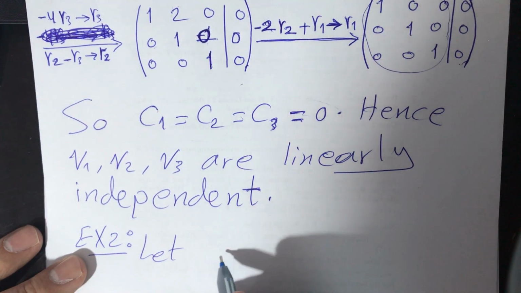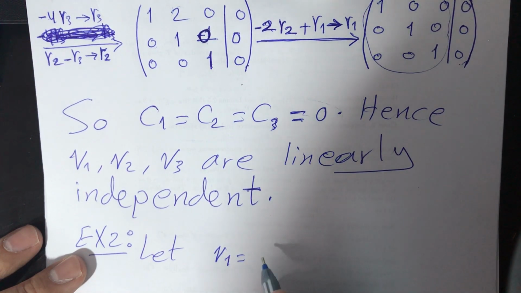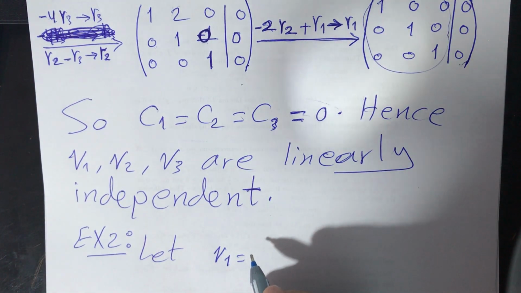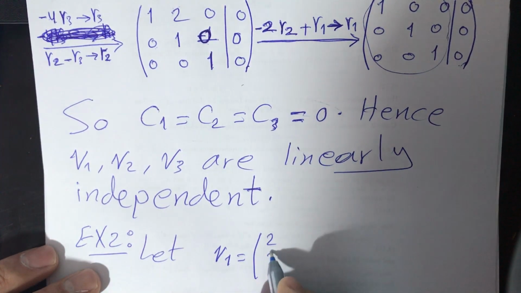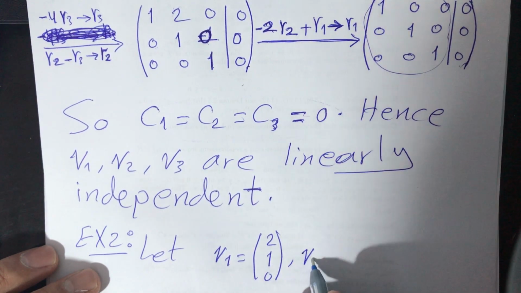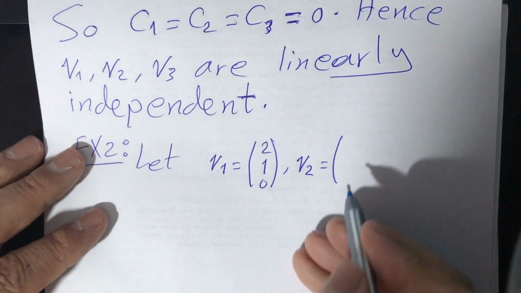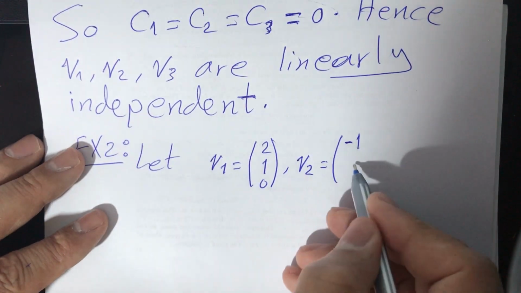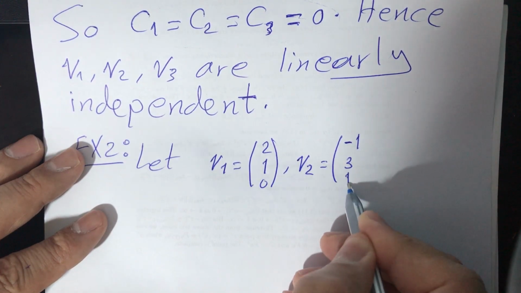Let V1 be equal to 1 0, and V2 equal to -1 3 1.